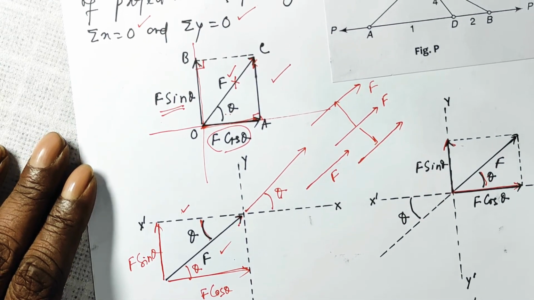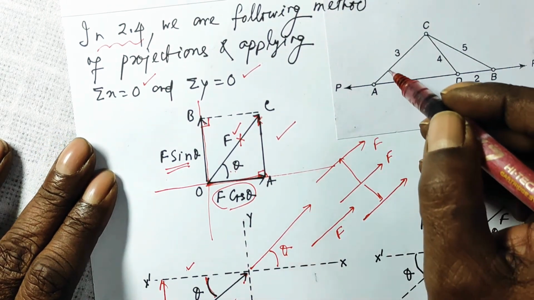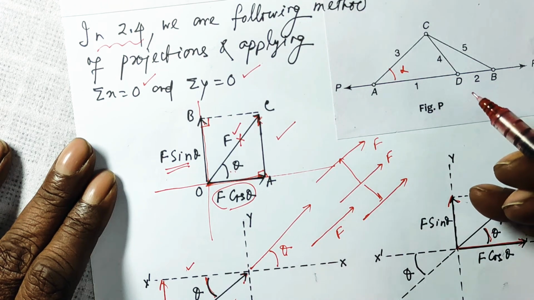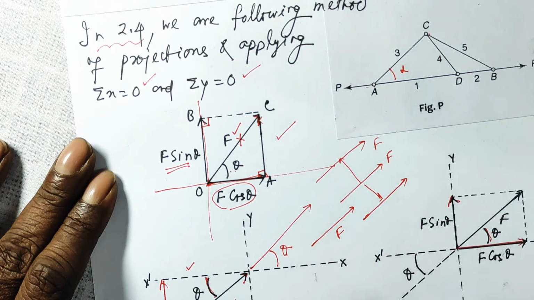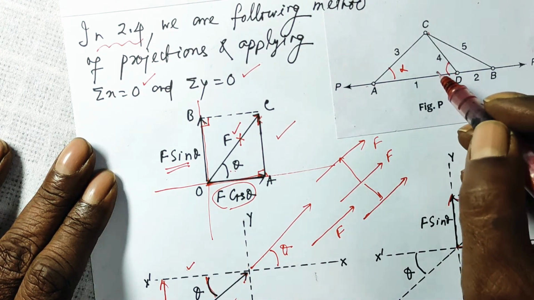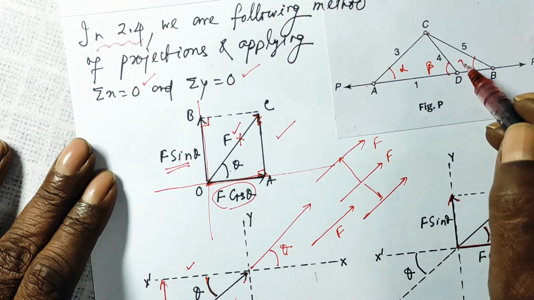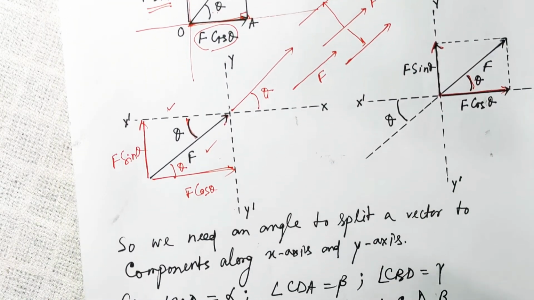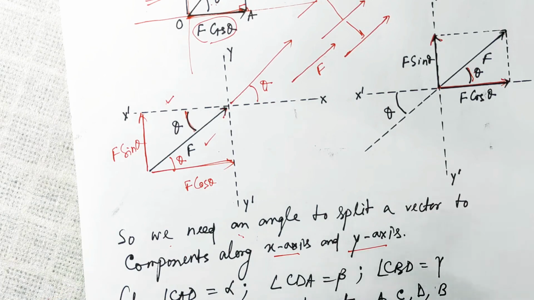And here in the given problem, since the angle is not given, let this angle CAD be equal to alpha, angle CDA equal to beta, and angle CBD equal to, suppose, gamma. So that is what I am saying. We need an angle to split a vector into components along the x-axis and y-axis.